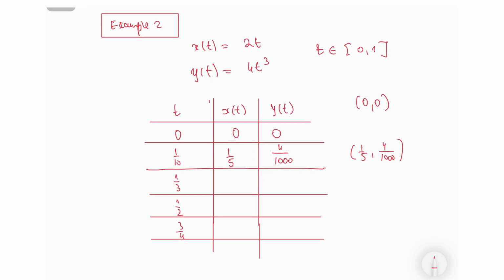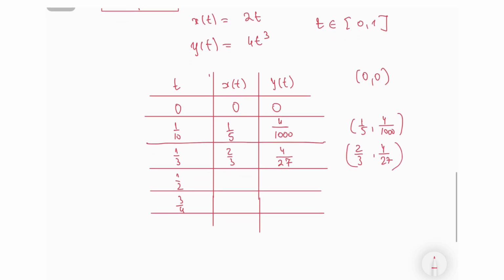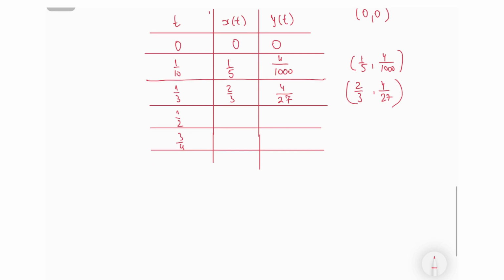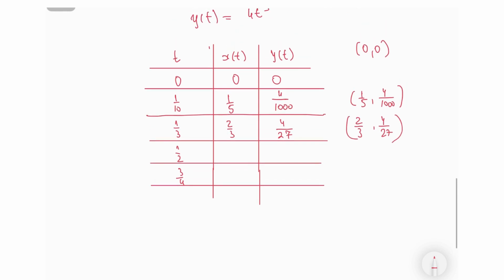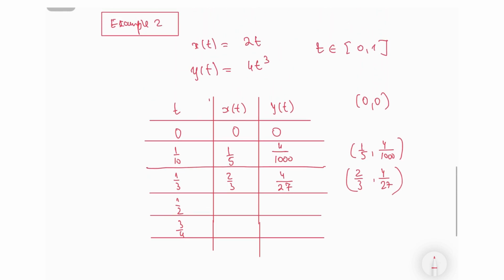Then we have 2/3 and 4/27. So the point (2/3, 4/27), and so on. So we have some points, but the question is how exactly does this curve look?